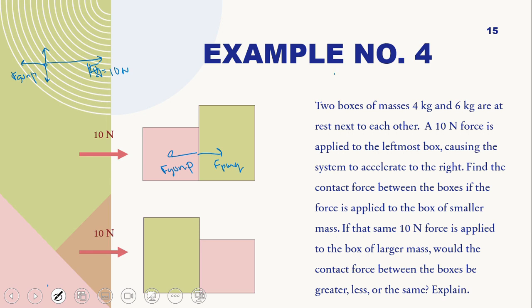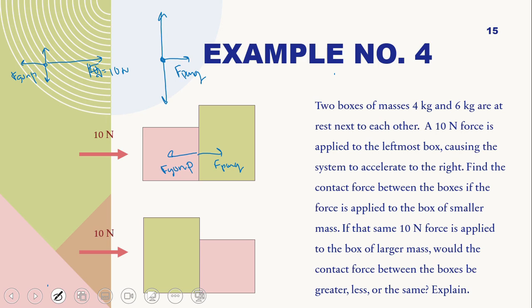Okay, now for the green box's system, the normal force and gravity are going to be greater because it's bigger. And it only has one force acting on it in the horizontal dimension. That's going to be the force of pink on green, Fp on G, pushing it to the right. So as we can see, the F net on each individual box is different. However, the boxes have a common denominator.